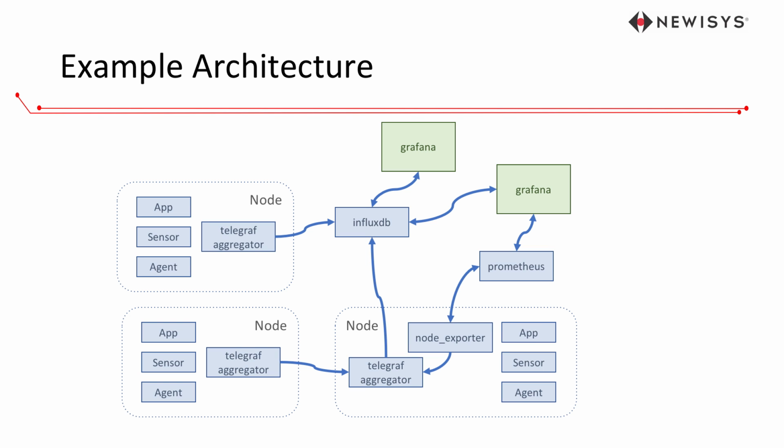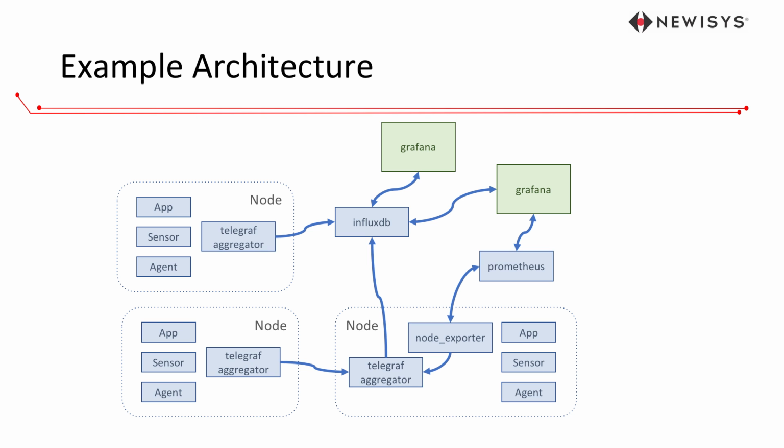But an example architecture of how we're going to put this in is we'll have nodes out there in the world. They're going to have some sort of aggregator or agents that collect this information. And then we're going to push that up to a database somewhere and then look at it with Grafana, right? And then it turns out there are various other major components to this architecture, and those are really the push versus the pull.